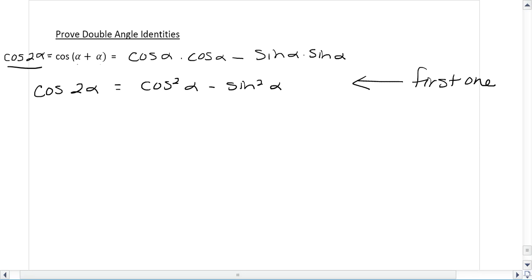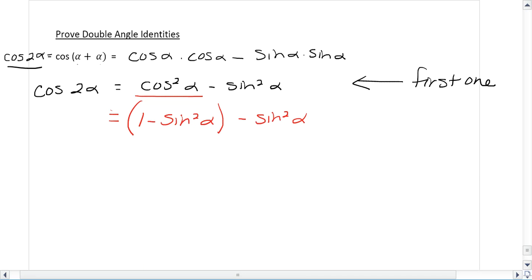So if you notice, this cosine squared, we can make a substitution using the first Pythagorean identity. If you subtract a sine squared from both sides, that means that cosine squared would equal, I'll put it in parentheses here, 1 minus sine squared. And then I still have this one, minus sine squared alpha.